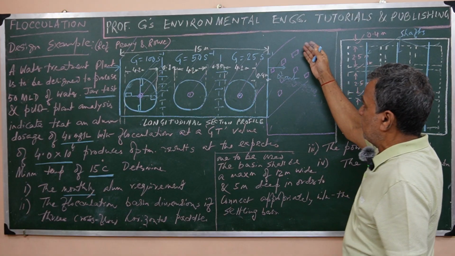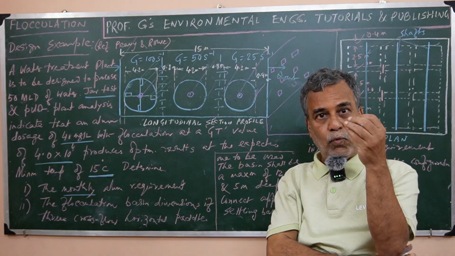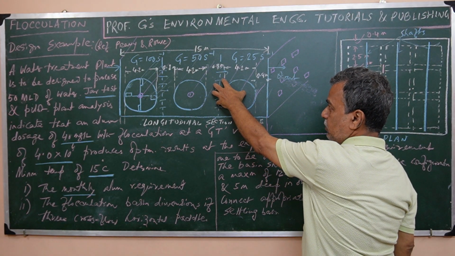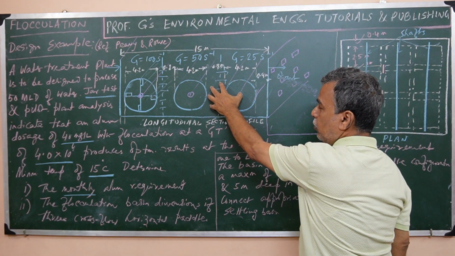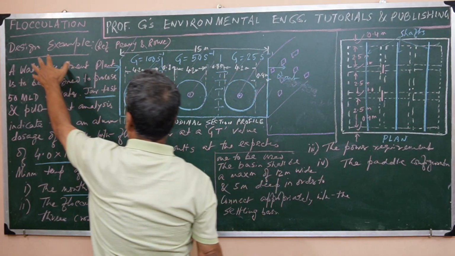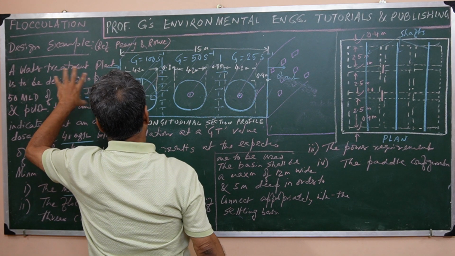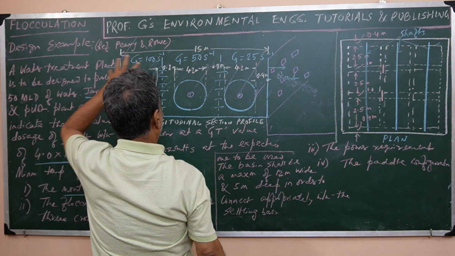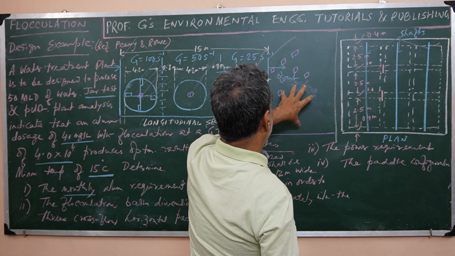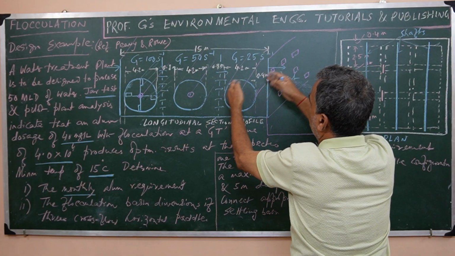be the same as this, because in the settling basin, the water after flocculation, that flocculated water which has been flocculated or is being flocculated in this chamber after following the rapid mixing unit here, right? So this is the preceding unit, the rapid mixing unit, and this is the flocculation unit, and immediately following that, this is the settling basin, and this settling basin has a common wall with the flocculation basin.